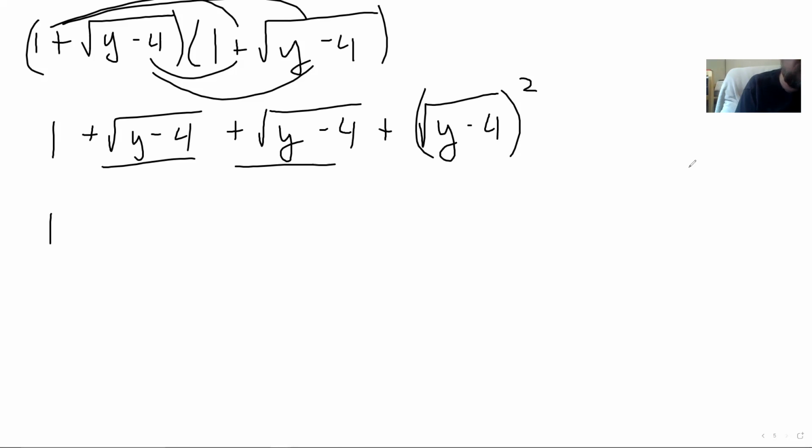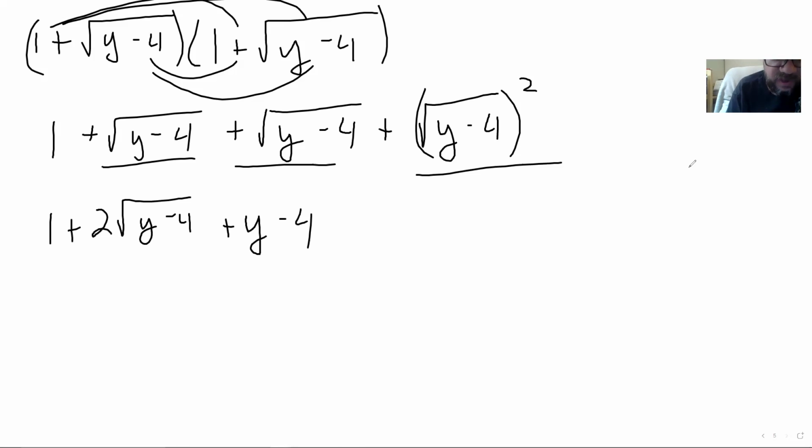So this is 1 plus 2 root y minus 4 plus, well, this thing, the squared and the square root cancel. I just get that. So the thing I have here is, what's this? Y plus 2 root y minus 4 minus 3.